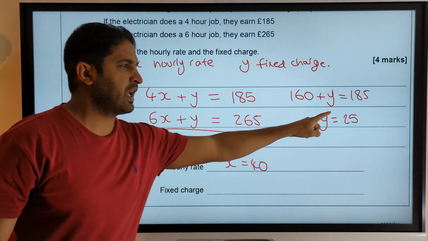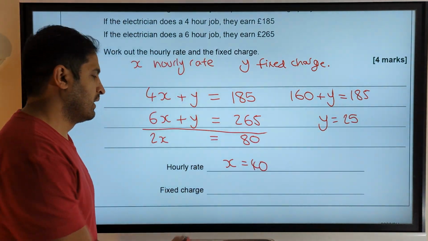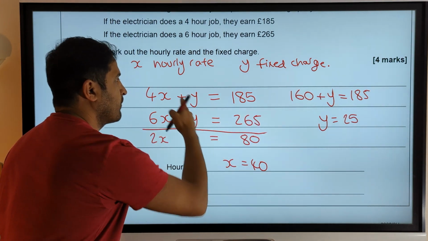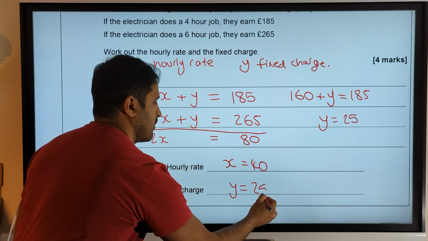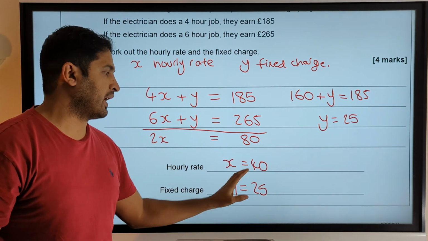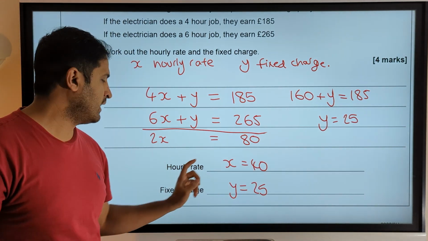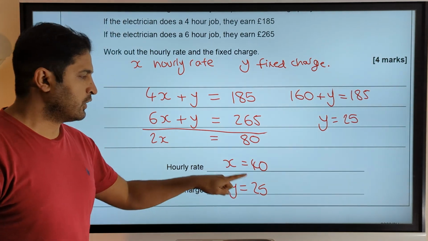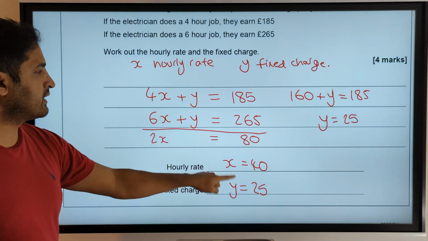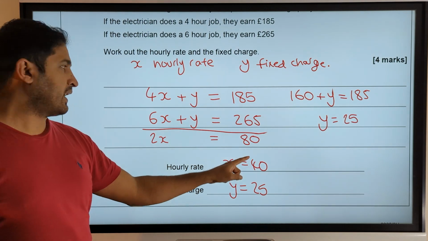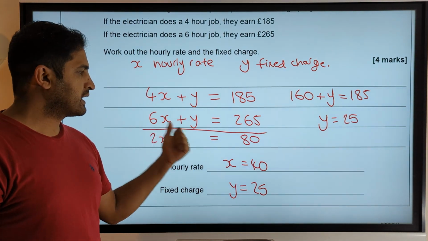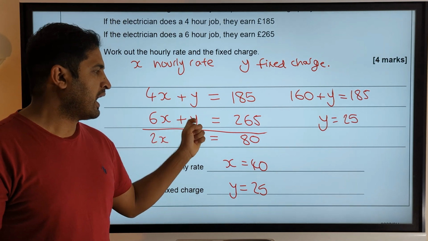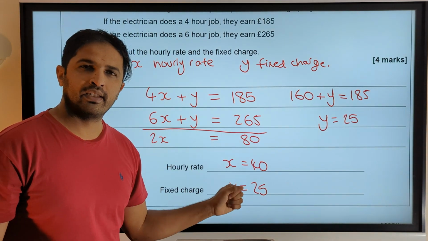So 25 pounds has to be the fixed charge for them to make 185 pounds from the 4-hour one. Obviously, I don't need to write x and y here. It's saying hourly rate is 40, fixed charge is 25. You can check your answers by putting these numbers in here. If someone worked 6 hours, would they make 265? Yes. 6 times 40 gives you 240. Add 25 gives you 265.